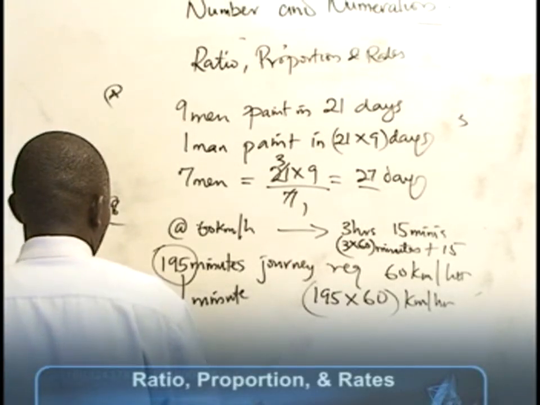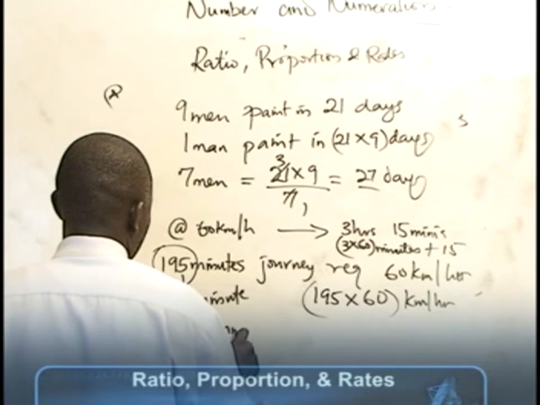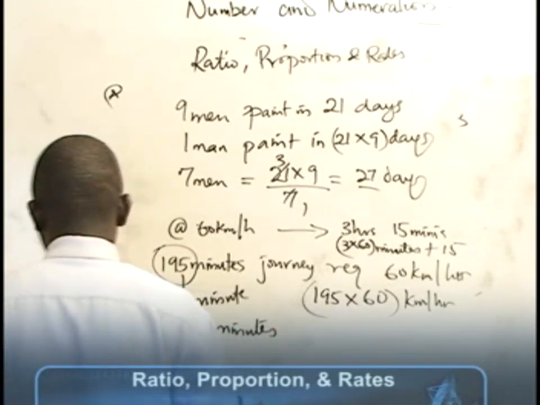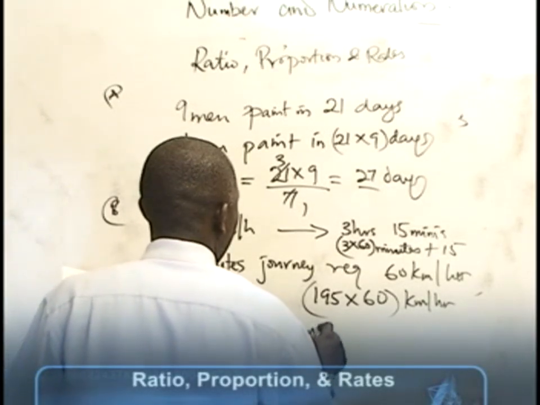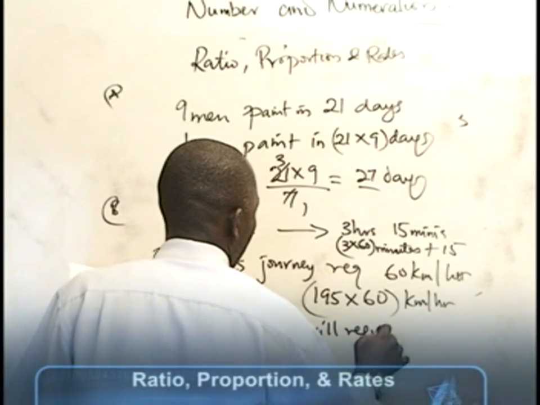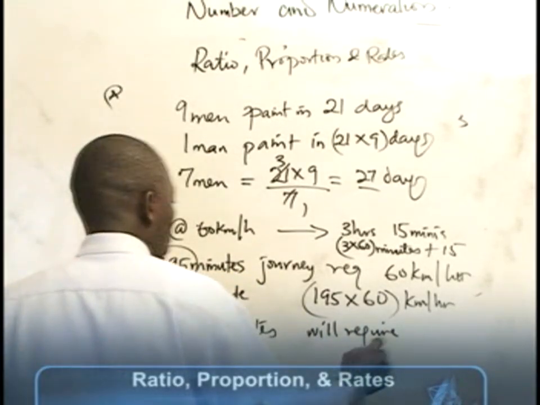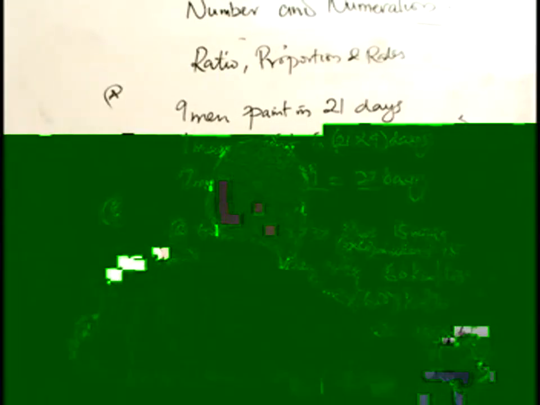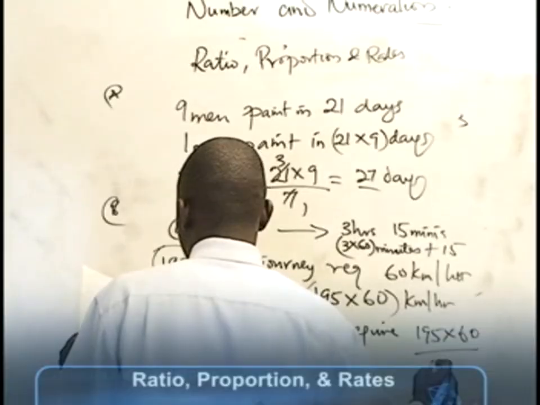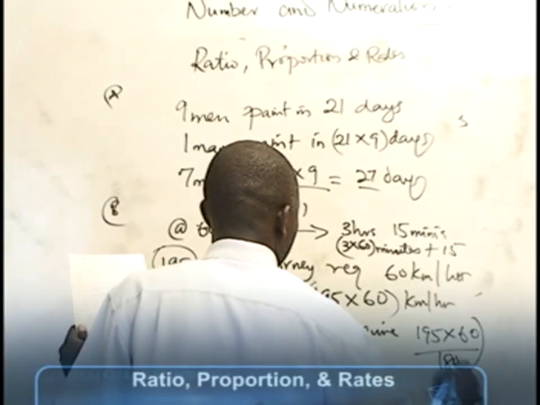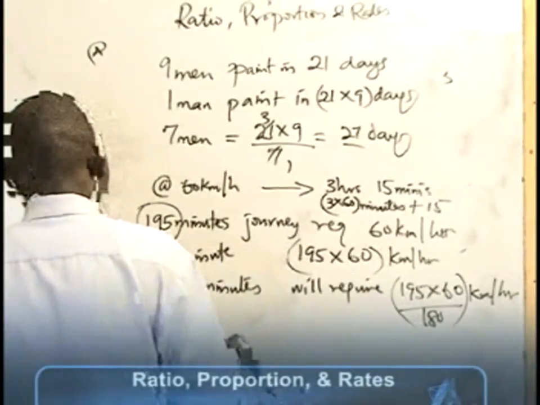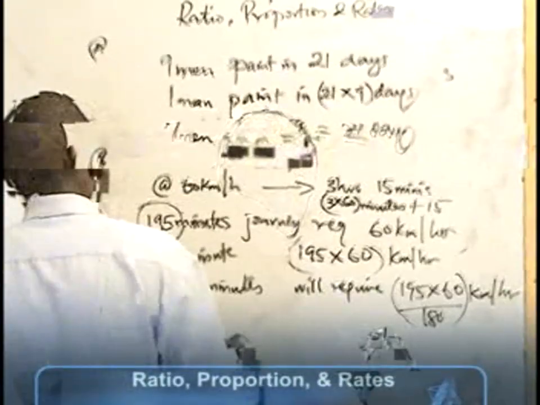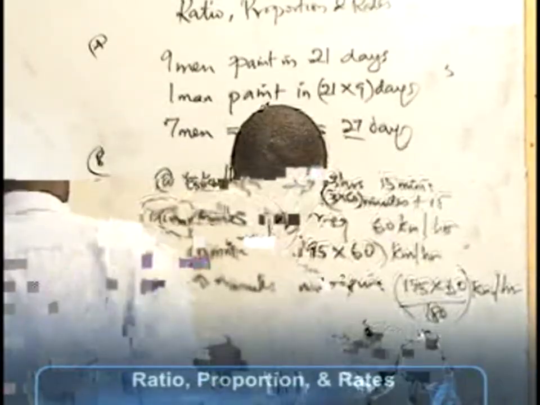Now we convert that to 180 minutes. 180 minutes of journey will require 195 times 60 divided by 180 kilometers per hour, and this will give you 65 kilometers per hour.